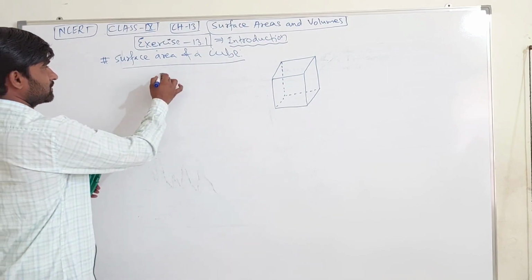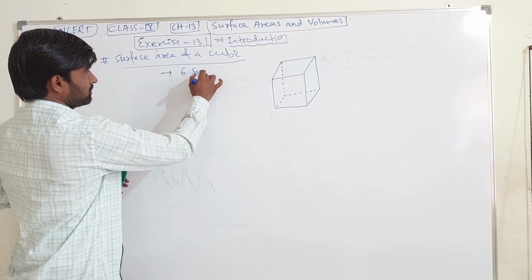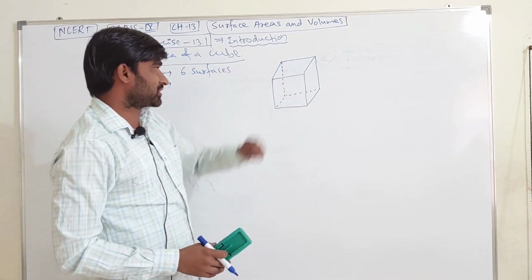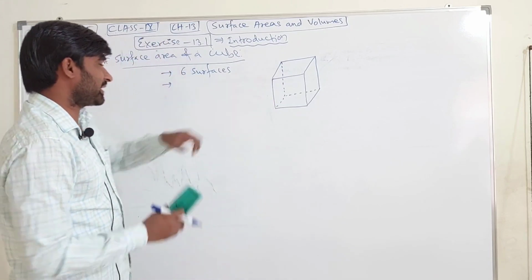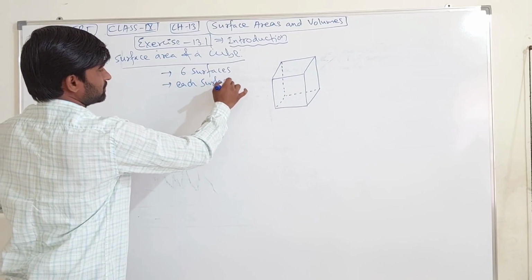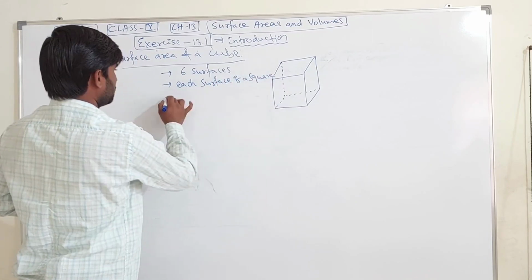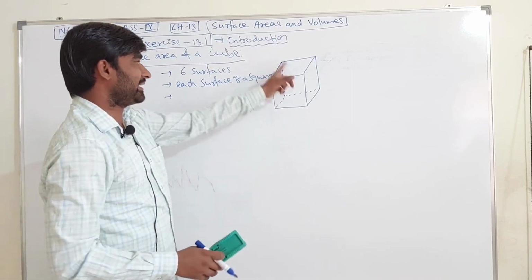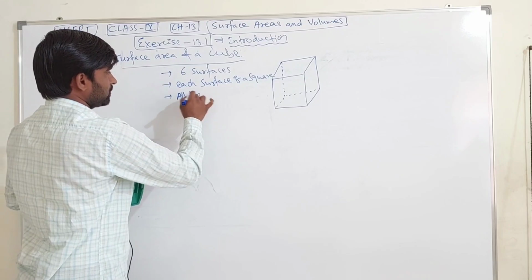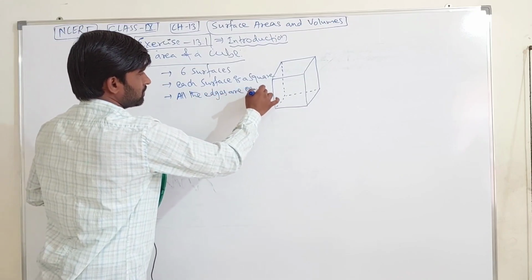The cube has 6 surfaces and each surface is a square. Each surface is a square and all the edges are equal.